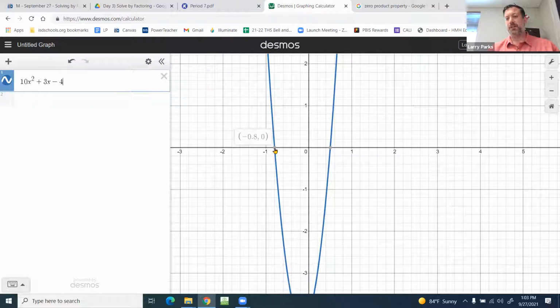So what does it mean to be a solution? The solution is, where does it cross the x-axis? Parabolas usually have 2 solutions. If you ever look at the fundamental theorem of algebra, it says it always has 2 solutions. They could be the same solution twice, 2 distinct solutions, or 2 imaginary solutions. So all I need to put down is negative 0.8 and 0.5.